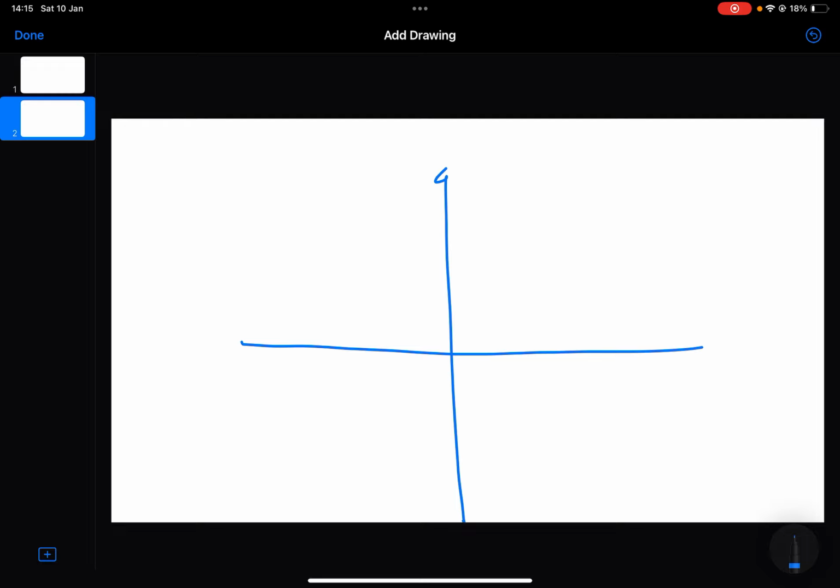If I am telling people this is y, this is x, and I want all the points that go by y equals to 1.